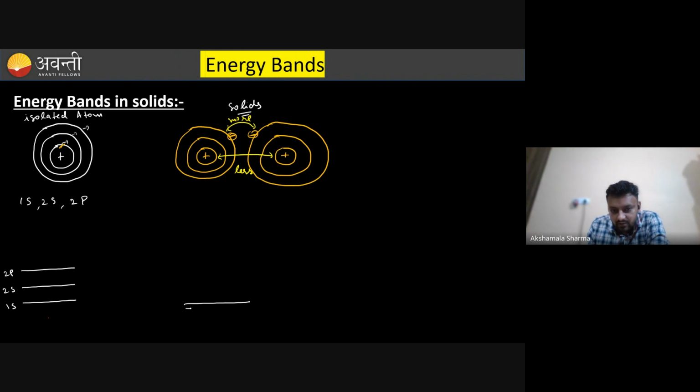So let's suppose I'm showing it. Now, there may be two values or maybe three values, maybe more than that. For representation purposes, I'm showing that there are different values. Clear? Now for 2s, this is the higher energy level.